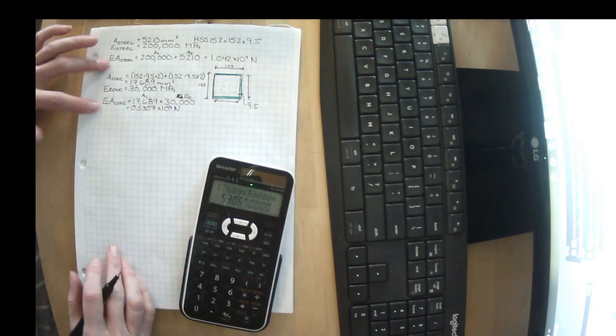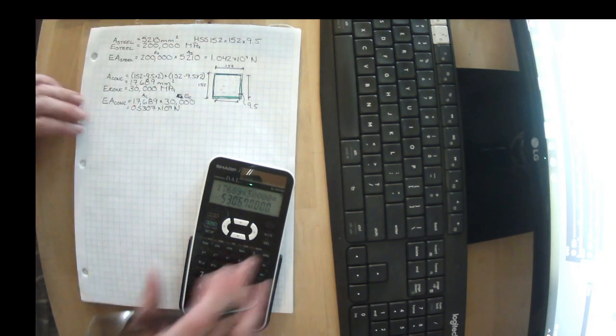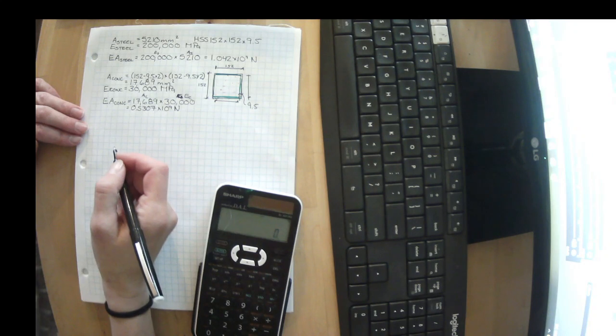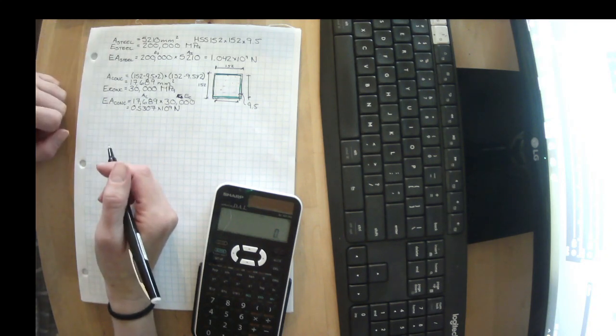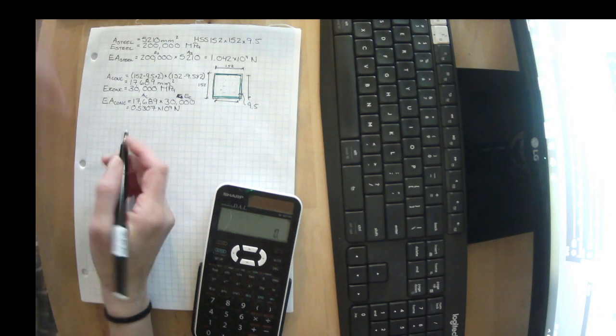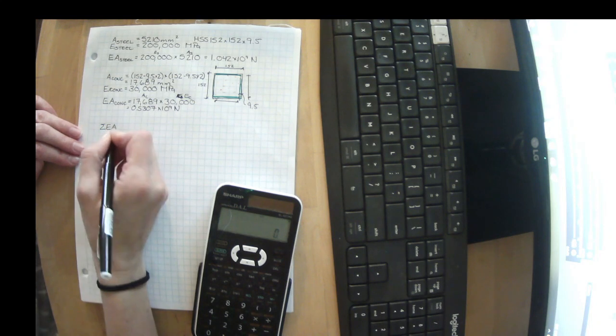So it looks like the EA of steel is greater than the EA of concrete. Well, we want to know what ratio of that total EA is steel. So let's look at the sum of the EAs.